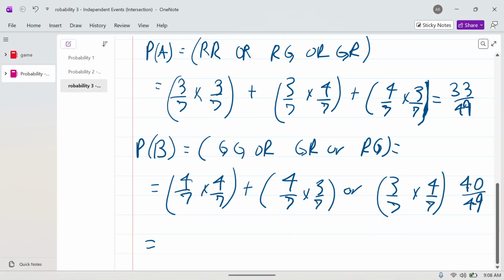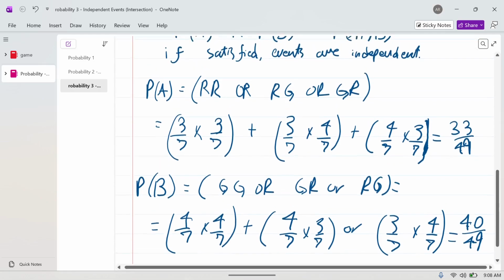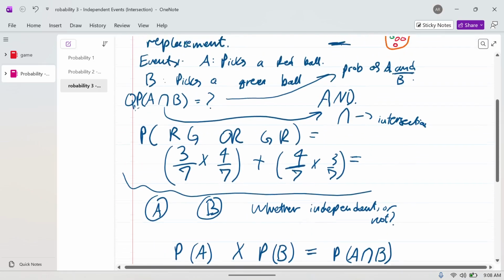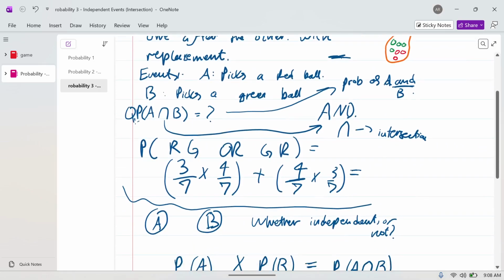No, look. So we have found both of the two individual probabilities, right? And the probability for A intersection B is, now I have to calculate that as well.